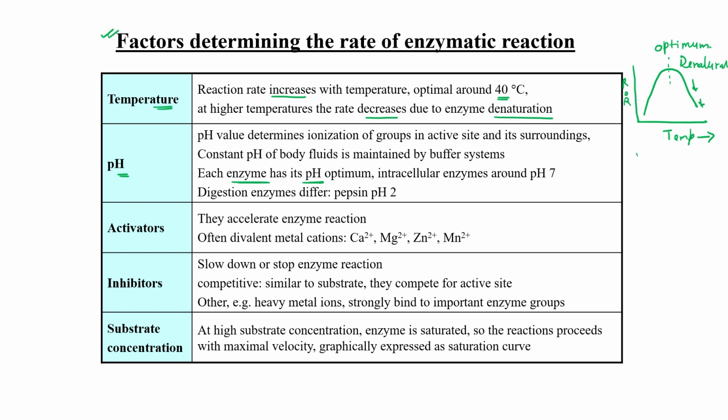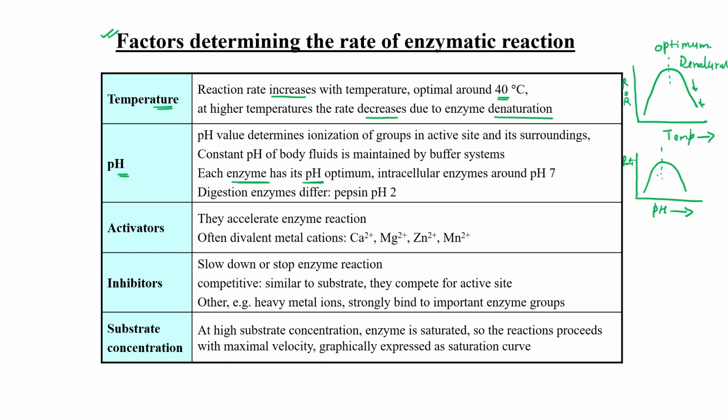A similar kind of graph we also get for pH, with pH on the x-axis and rate of reaction on the y-axis. Our stomach has a highly acidic environment, so acidic pH, and the buccal cavity has another type of pH.